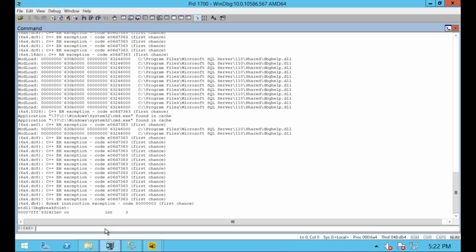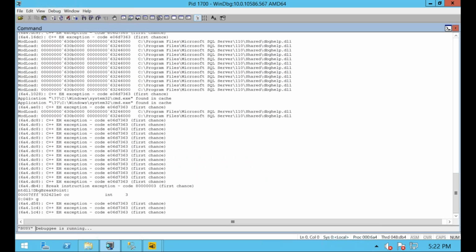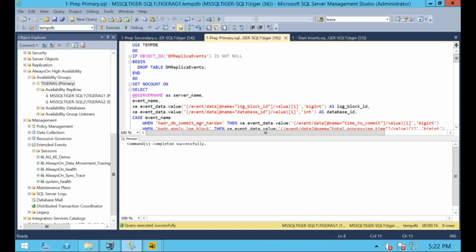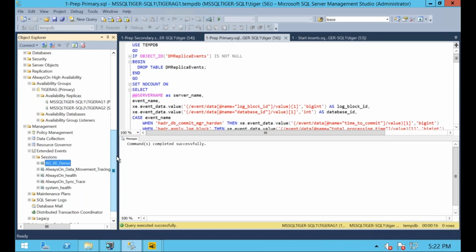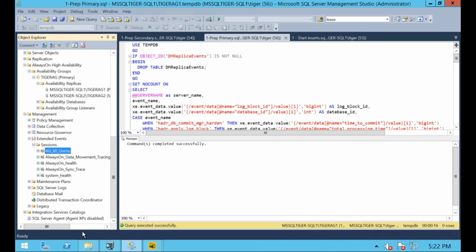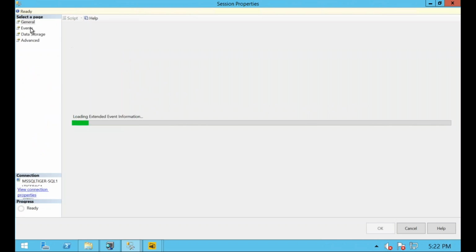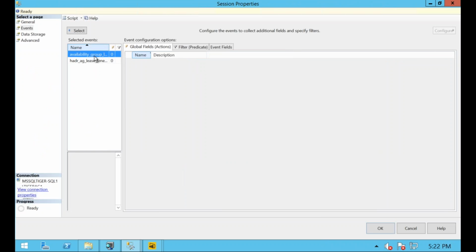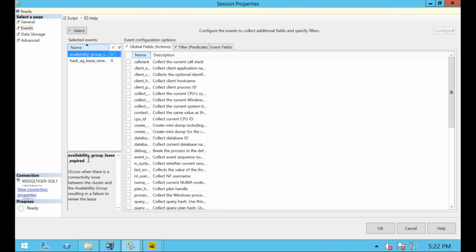So let me go ahead and unpause the process. My current time on my server is 5:22 p.m. and I have an extended event session. So this is my Tiger AZ1 running on the primary. All it does is it captures 2 events, the AlwaysOn group lease expired and the lease renewal.